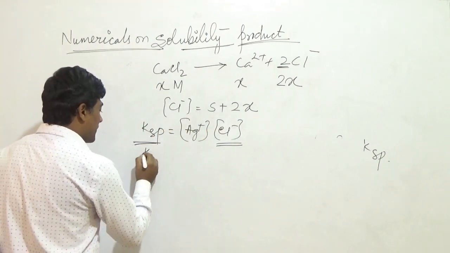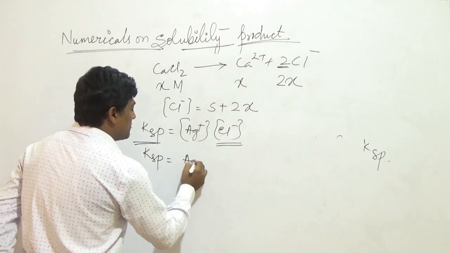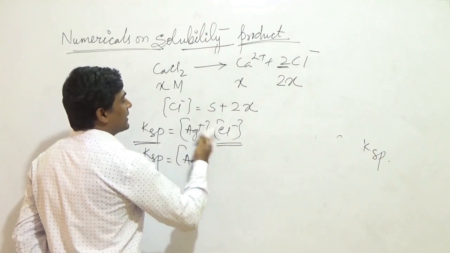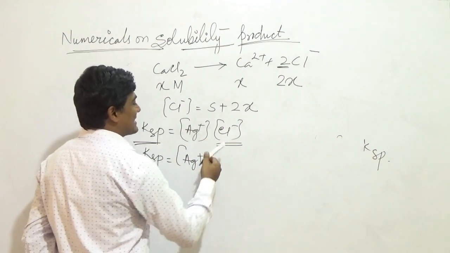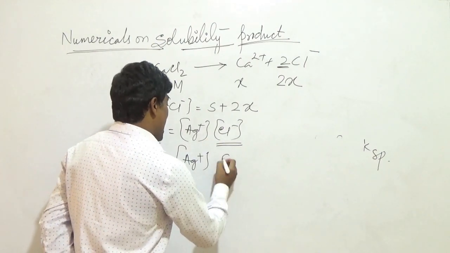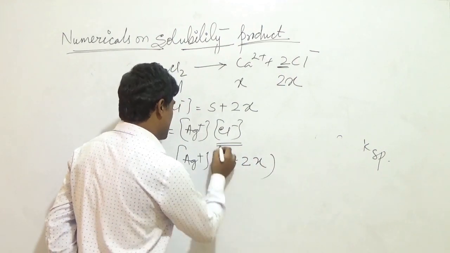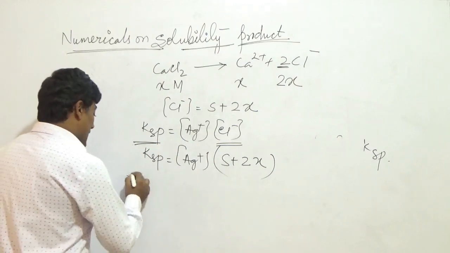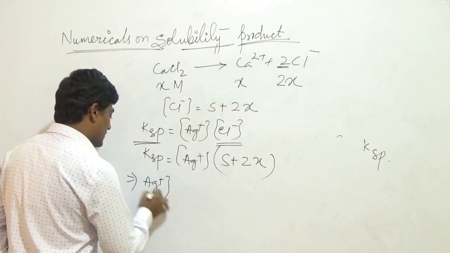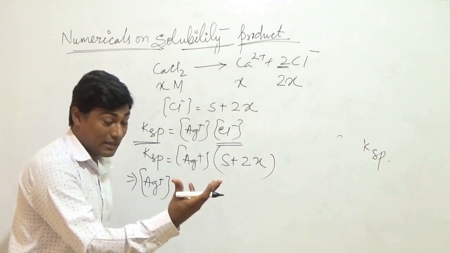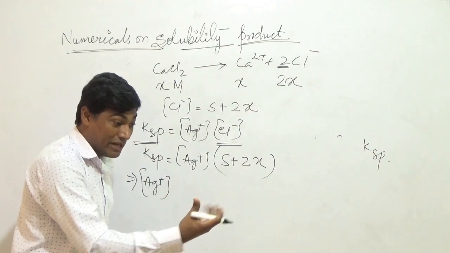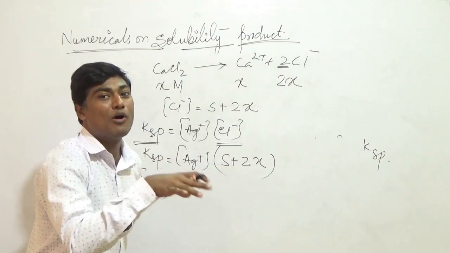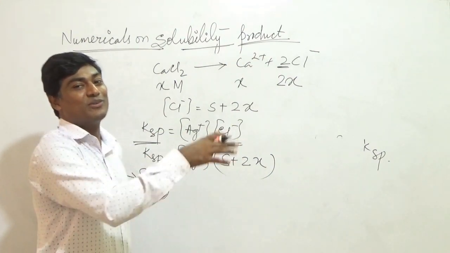So Ksp is equal to Ag+ concentration into S plus 2X. Whatever the amount of Ag+ in the solution will be the maximum amount of silver chloride dissolved.